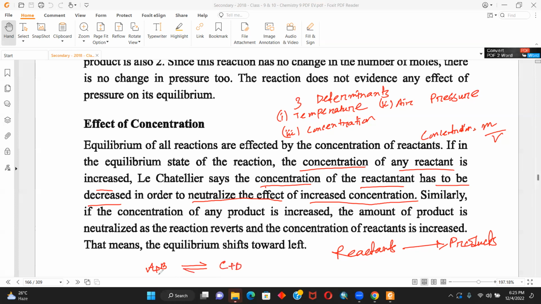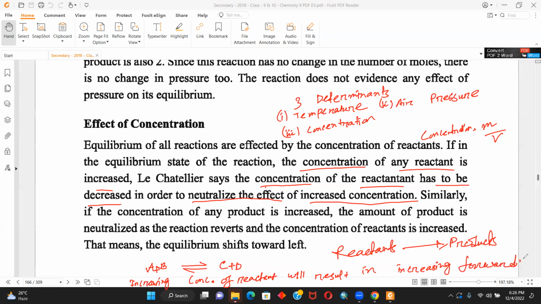So if this is a reaction, increasing the concentration of reactant will result in increasing forward reaction.